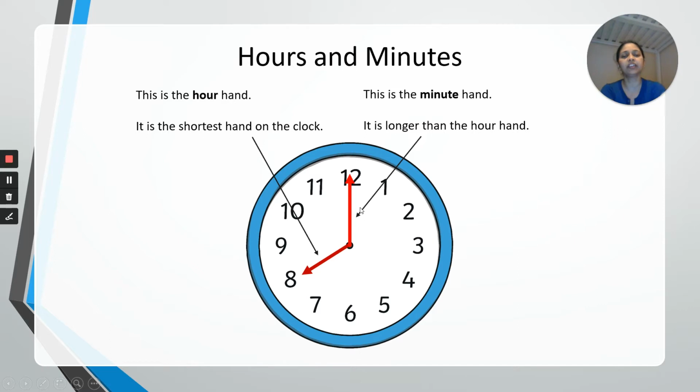Sometimes you have another line which is slightly longer than your minute hand, which is called the second hand, that moves really, really quickly. But let's skip the second hand and let's just focus on the hour hand and your minute hand.